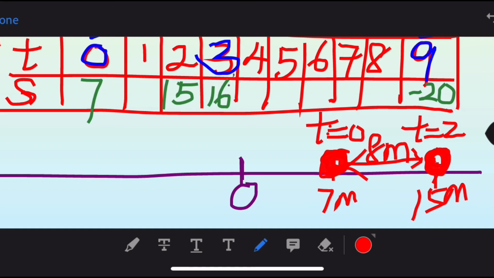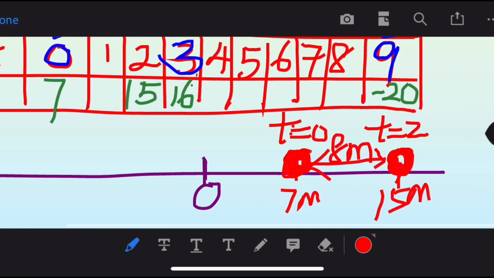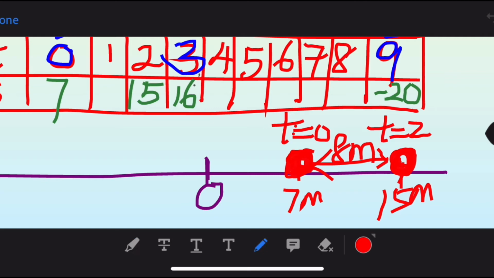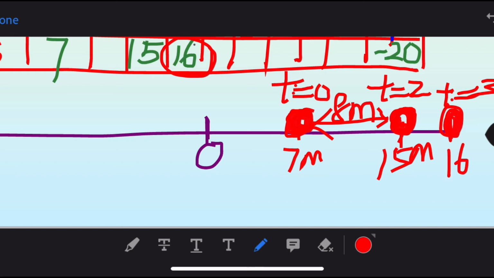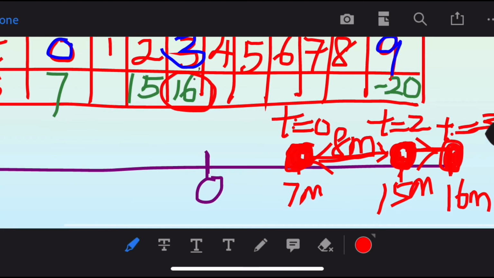When it changes direction, when t equal to 3, the particle is at 16 meter, and that is very important. Then it will change, it will travel to the right, and then it will come back. When it comes back, it will go directly to the left, right?